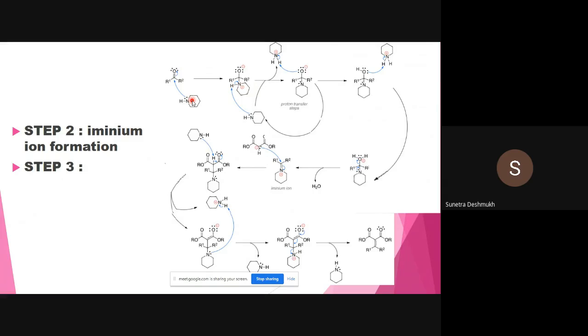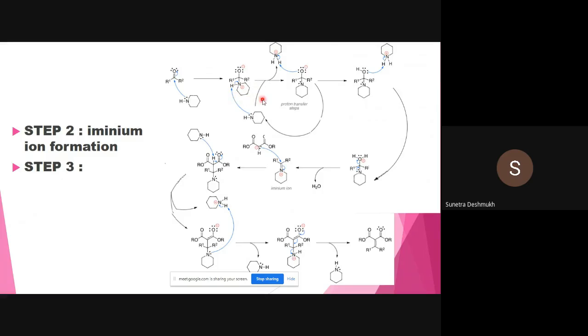So one by one, each piperidine molecule will react with the aldehyde or active methylene compound, and they generate these types of acidic protonated piperidine moieties. Different things are present in your flask, and they react one by one to generate this iminium ion.